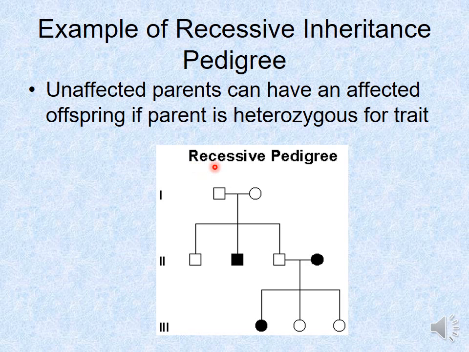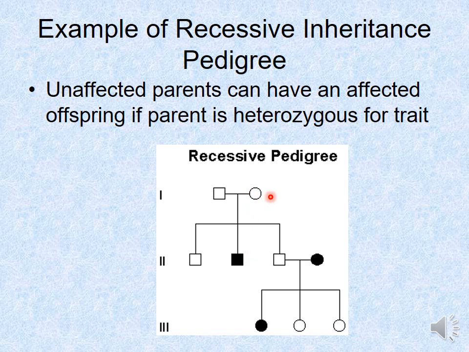If they were both little a, they could not have an affected child. So we know from the get-go that this cannot be a dominant pedigree.